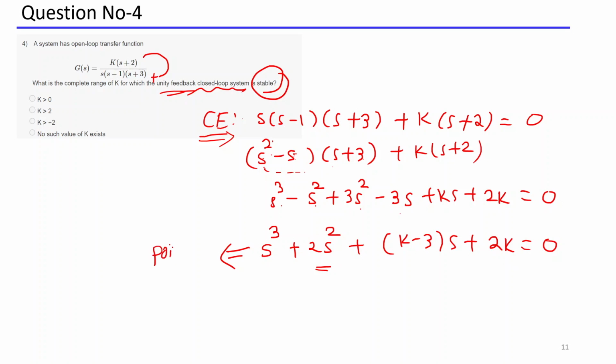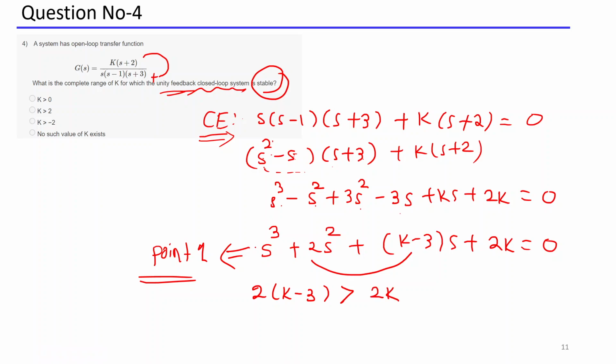Now what to do to find the system stability? This is a third order system. I told you that for a third order system you find out the inner product. What is the inner product? 2 into (k minus 3), right? It should be greater than or equal to the outer product. What is the outer product? 1 into 2k, right?